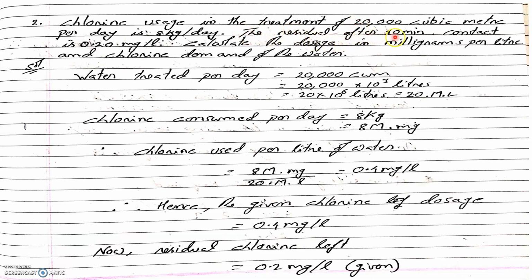The residual chlorine after 10-minute contact is about 0.2 mg per liter. Residual is the leftover chlorine. Calculate the dosage in milligrams per liter. What is the chlorine demand of water? As in the theory, demand is the actual dosage minus the residual.